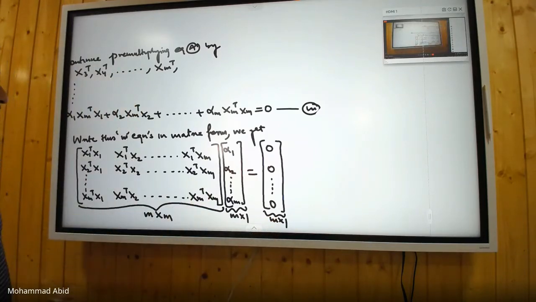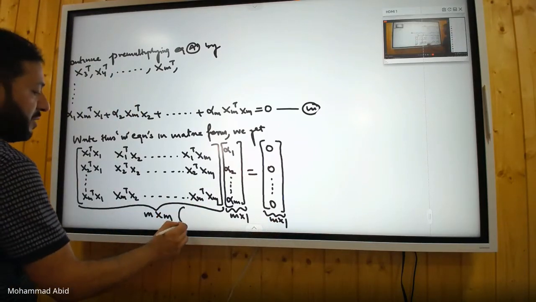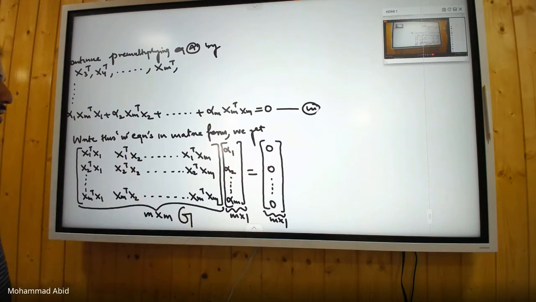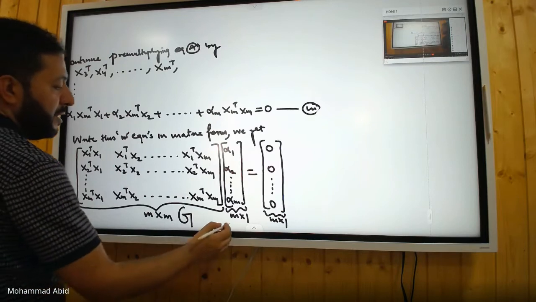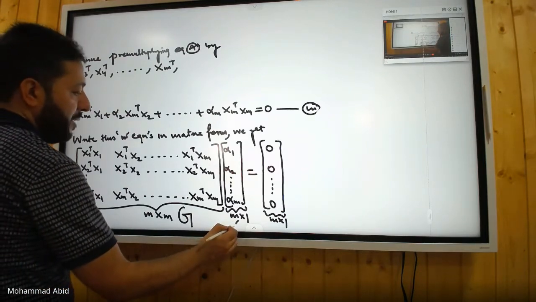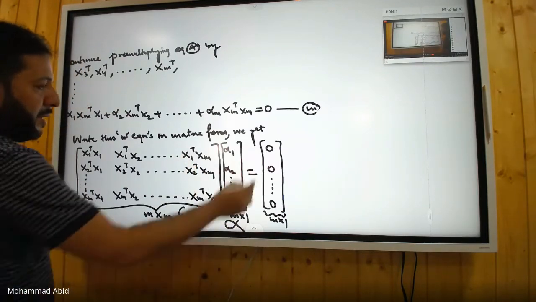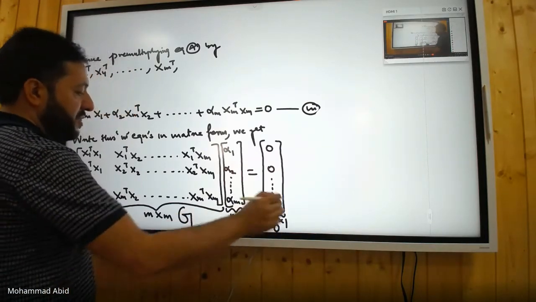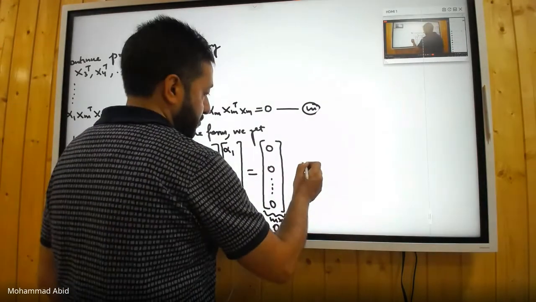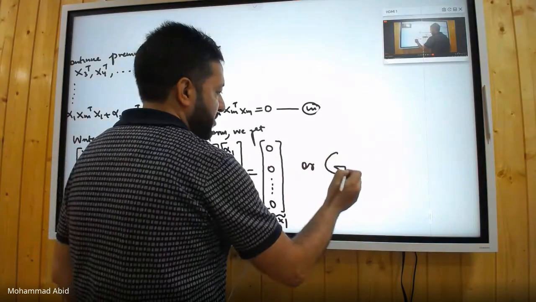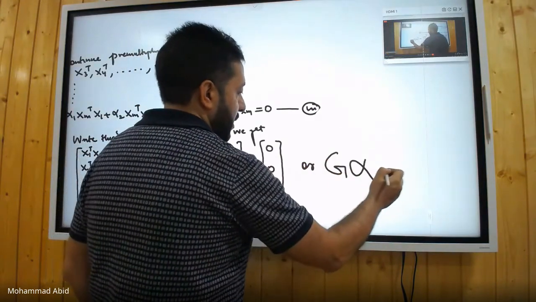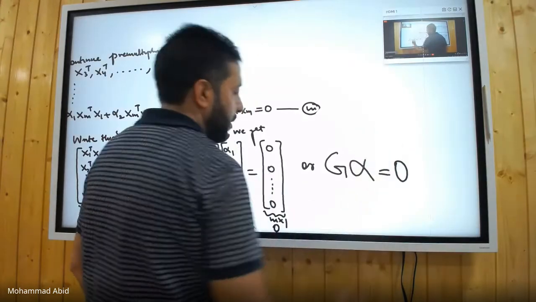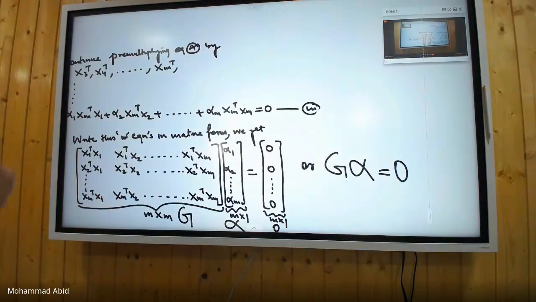Now this matrix, I name it as G matrix, capital G. And this vector of alphas, I call it a big alpha. And this is a zero vector, M cross 1 zero vector. So this set of equations can be written as G, a big alpha, is equal to 0. Isn't it?